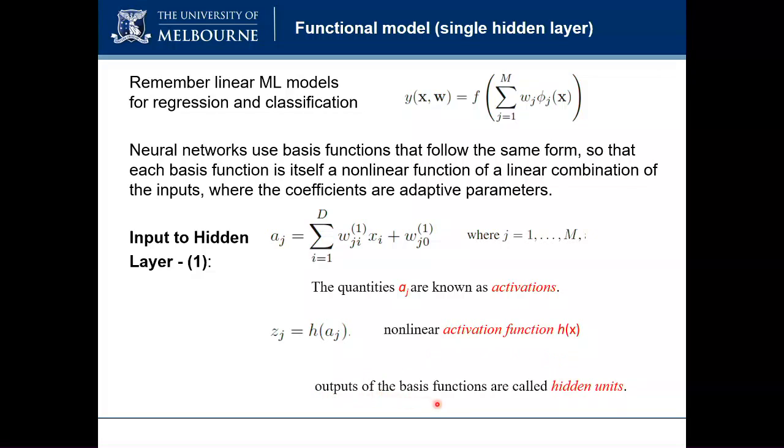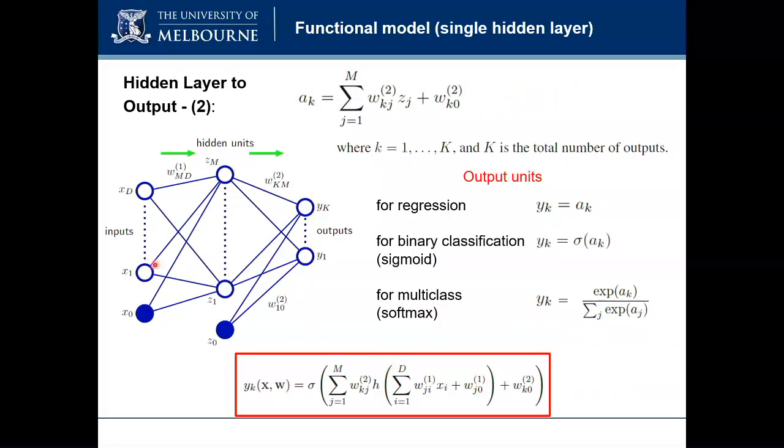The output of the basis functions are then called the hidden units. So input to hidden layer looks like this: I do a linear combination, and then I pass it to a nonlinear activation function. So that's actually the picture. I have the inputs, there's a bias. Actually, you can get rid of the bias by incorporating it into the terms.